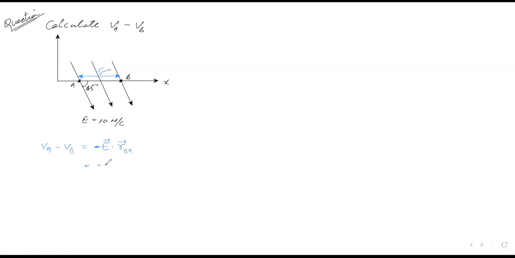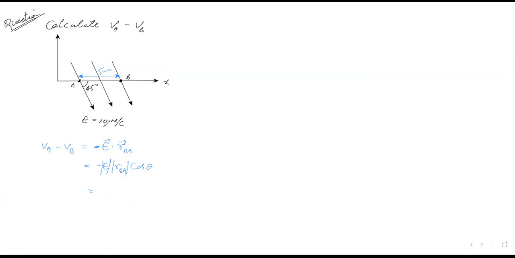So we can also write minus E r_BA, and r_BA can be written as r_BA into cos theta. Can we write it? Yes, with the angle. What is the value of E?